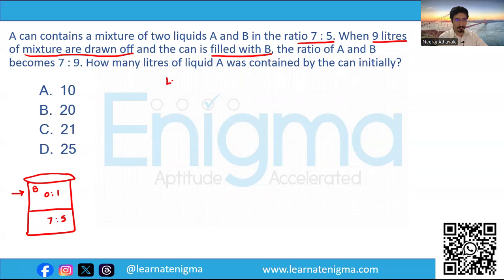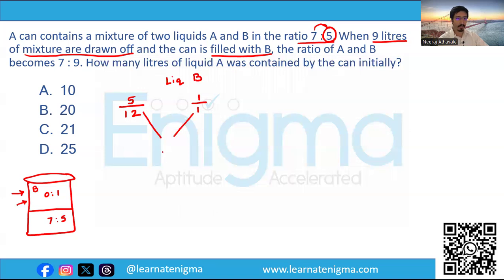So we are doing it from the perspective of liquid B. So liquid B in the original can, it was 5 parts out of 7 plus 5, 12. So 5 upon 12, it was liquid B. And over here, it is complete B. So therefore, we'll write it down as 1 upon 1, because it is complete.